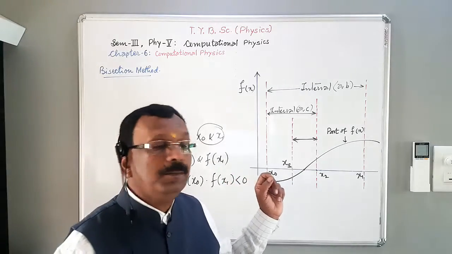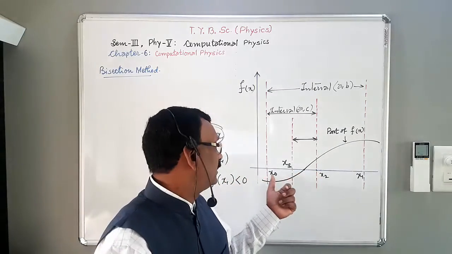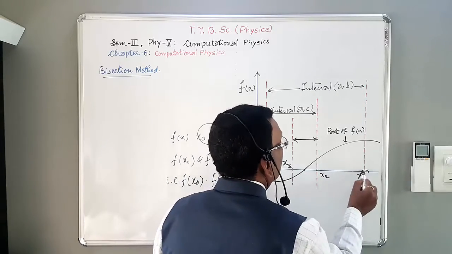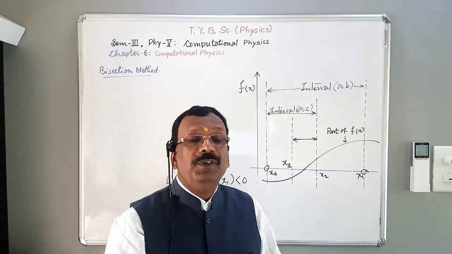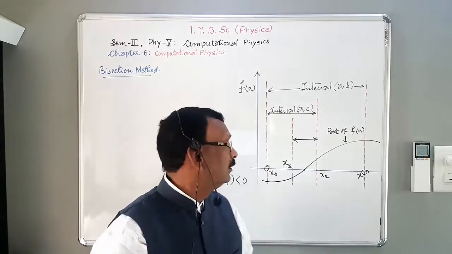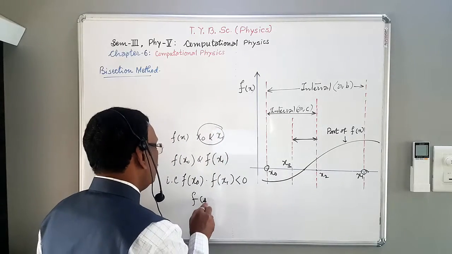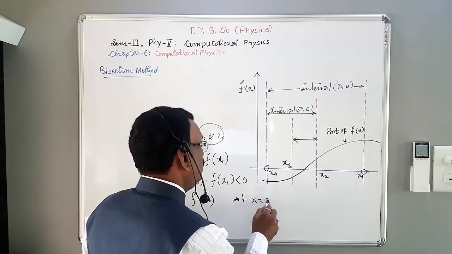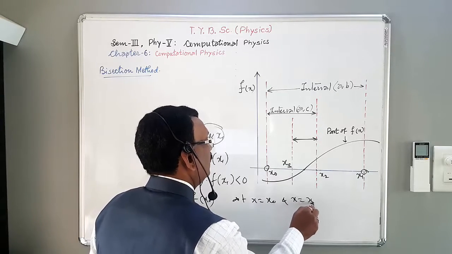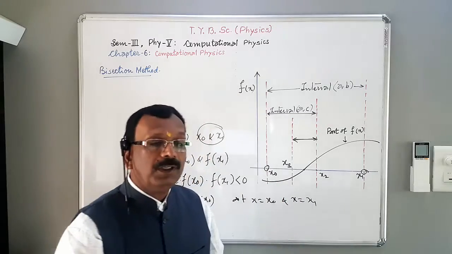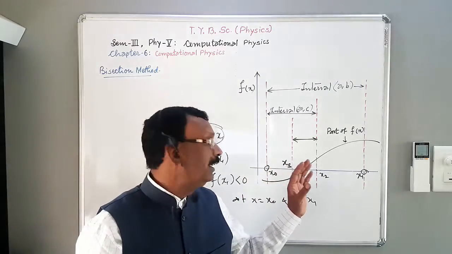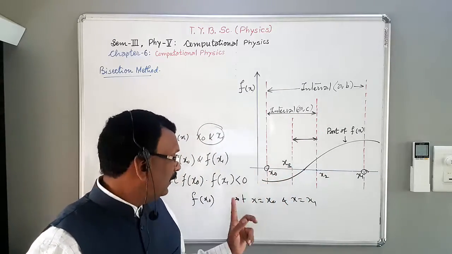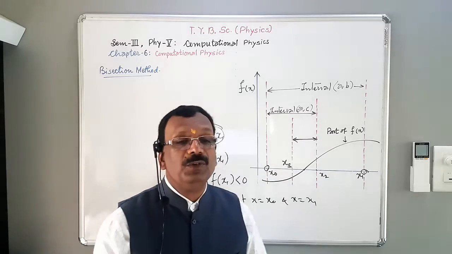We begin by picking 2 points, x0 and x1, this point and this point, which enclose a root, at x is equal to x0 and x is equal to x1, that is here.